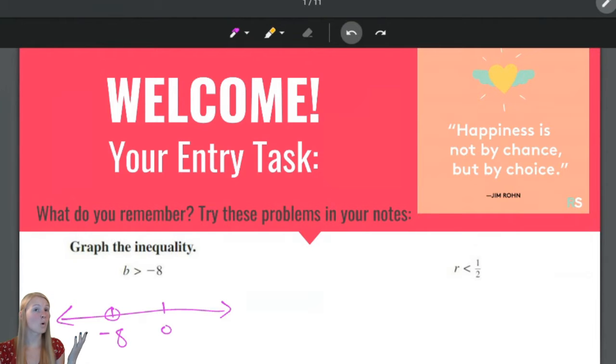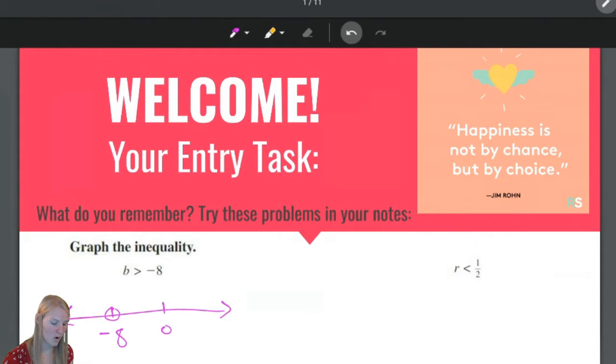All right, now, which way should this inequality point? The way that we decide that is, we know that b needs to be greater than -8, bigger than -8. So what are some numbers that are bigger than -8? Well, positive numbers are always bigger than negative ones, so 8 is bigger than -8.